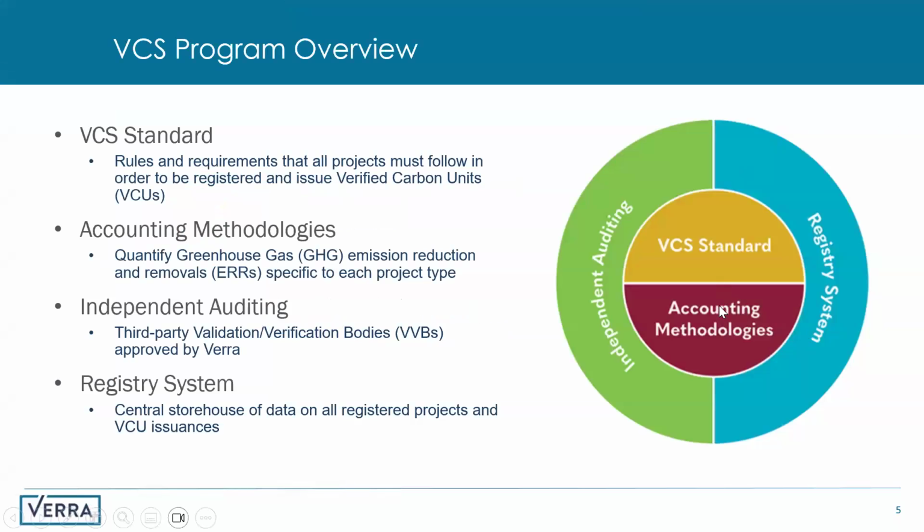Also, at the core of the VCS program, there is a set of accounting methodologies that contain the procedures to quantify emissions reductions and removals for different activity types. So, for example, for agricultural projects like rice projects, focused on implementing improved management practices to reduce greenhouse gas emissions.